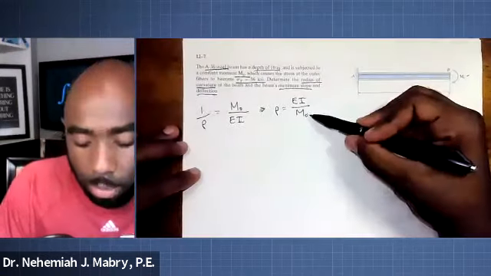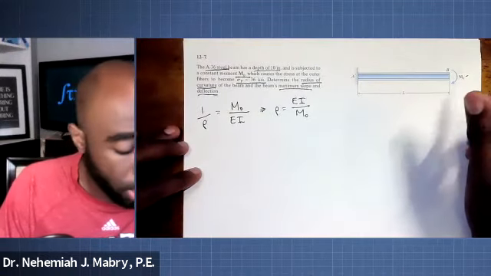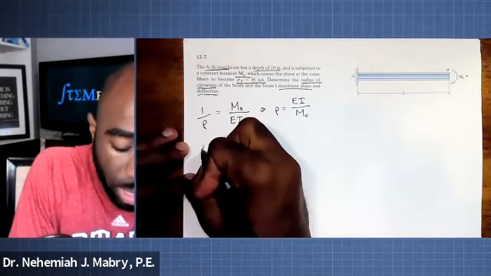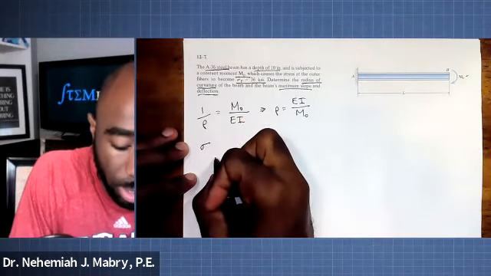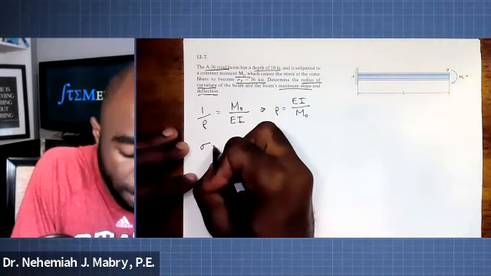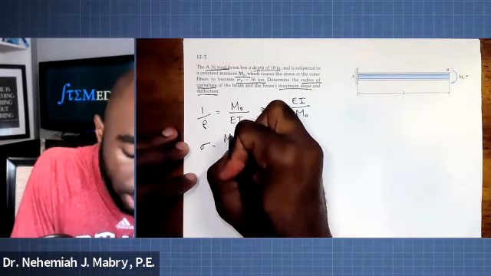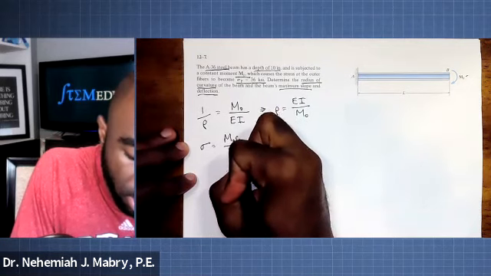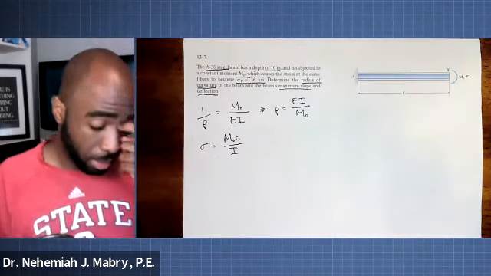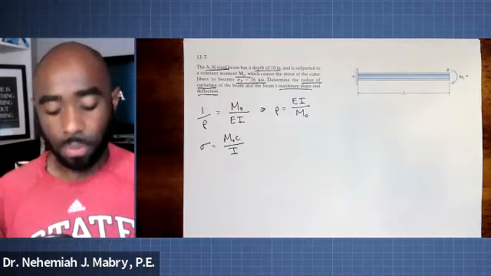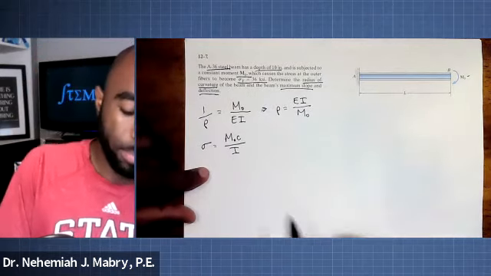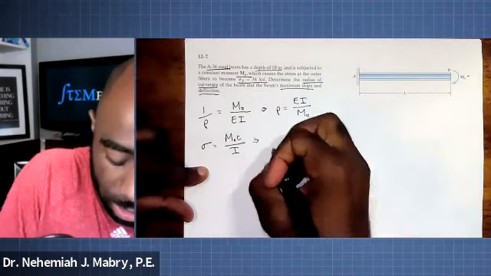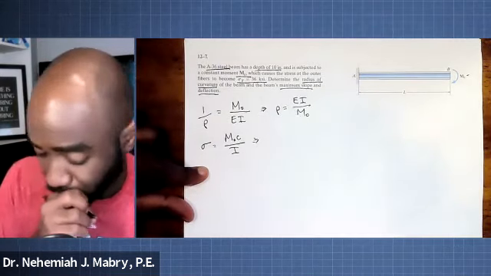Now we don't know what M sub naught is, but we do know there's a relationship between the stress and the moment, MC over I. So we can rewrite this equation in terms of M sub naught, and then plug it into our radius of curvature equation in order to solve for it.